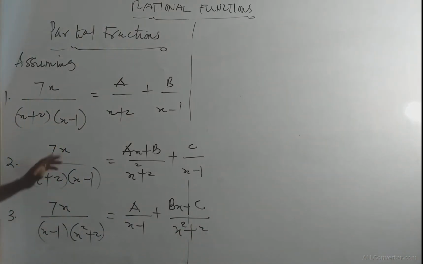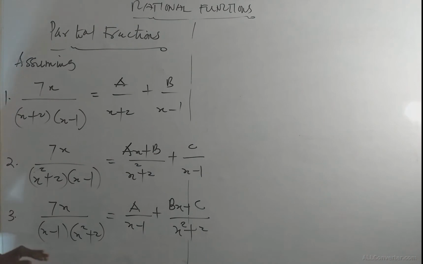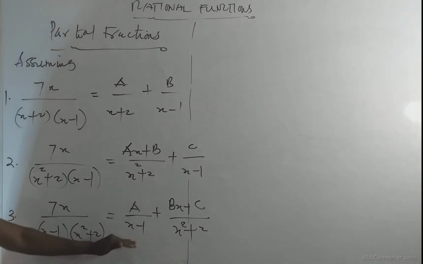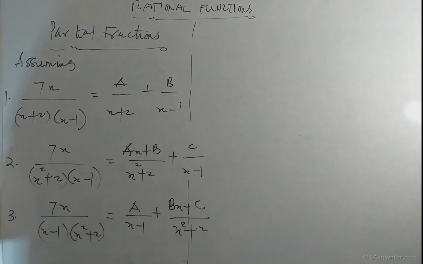So the difference between this and this is the position of the quadratic factor. If the quadratic factor comes first, then the expression will be ax plus b over that plus c over the linear factor. But if the linear factor comes first, then the partial fraction will be A over the linear factor plus bx plus c over the quadratic factor.